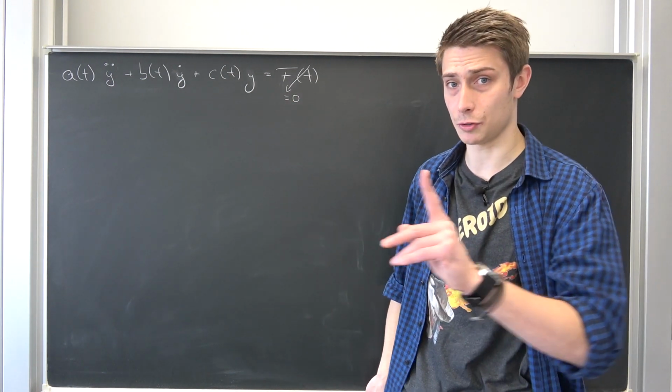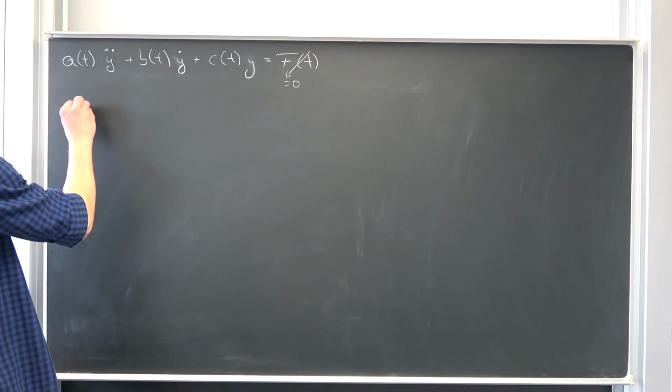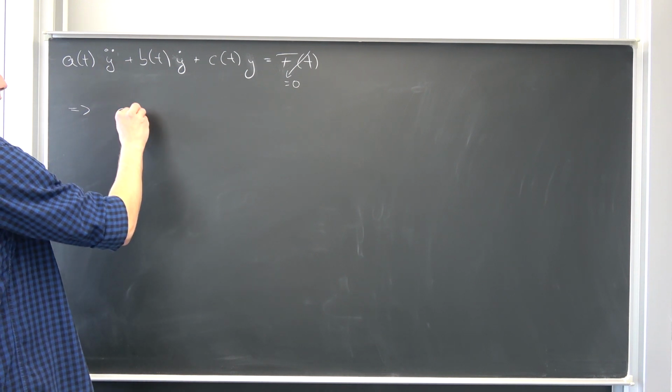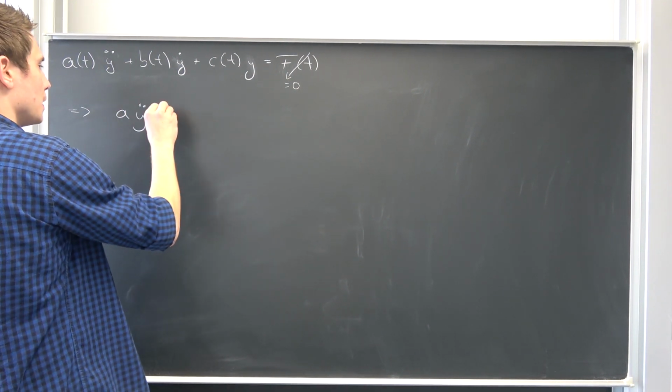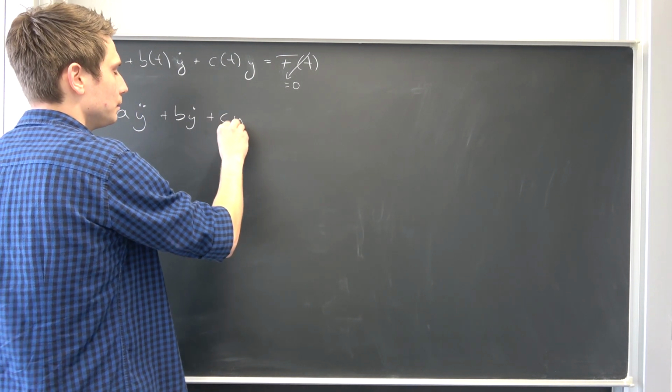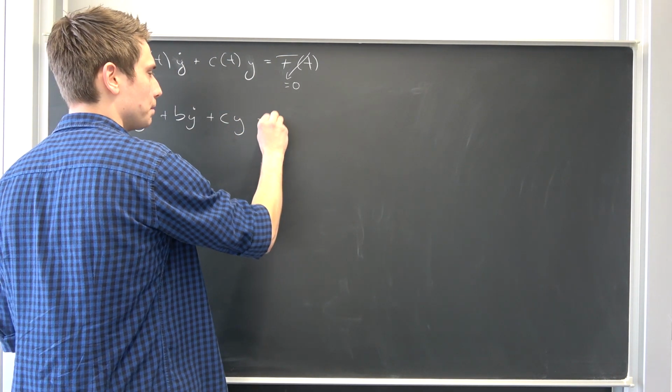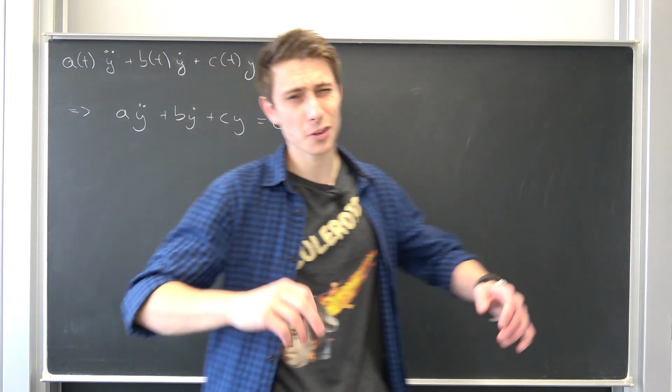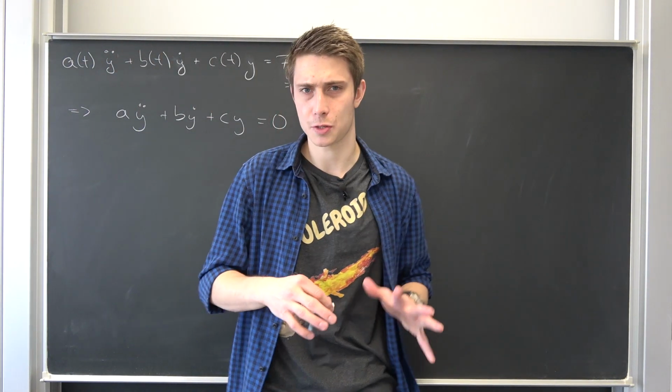Okay? Meaning our differential equation at the moment turns into a times the second derivative of y plus b times the first derivative of y plus c times y in itself being equal to 0. And I'm not going to talk about really abstract stuff right here.